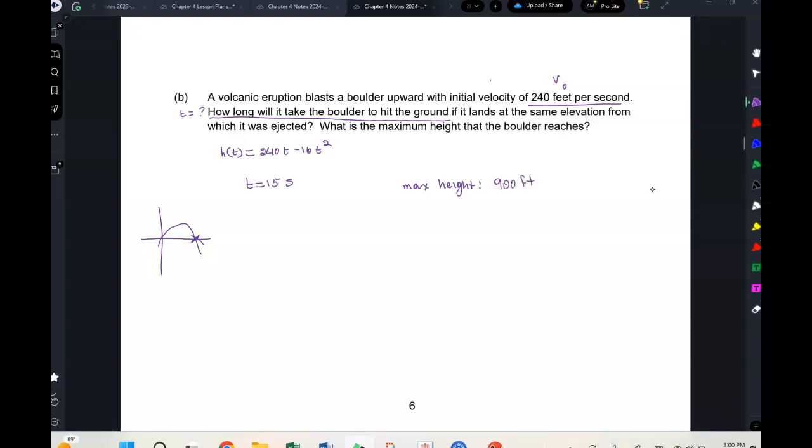So it's like the horizontal axis, independent variable is t, and this is h of t. The y.